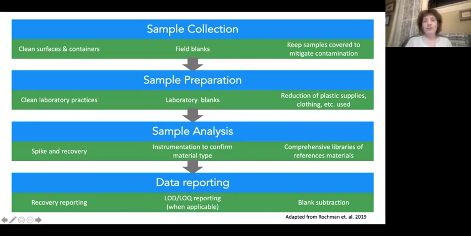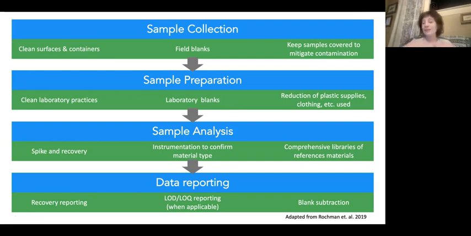So just kind of a general, getting from here to there. When you're collecting your samples, you want to make sure you're using clean containers, keeping things covered. Sample preparation, have your lab blanks, reduction of plastics in everything that you do. Sample analysis, make sure you have access to instrumentation to confirm the material type.